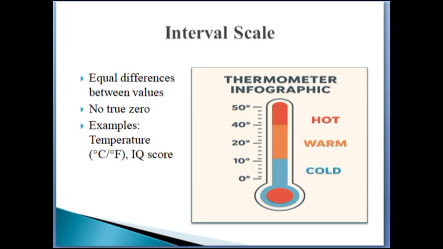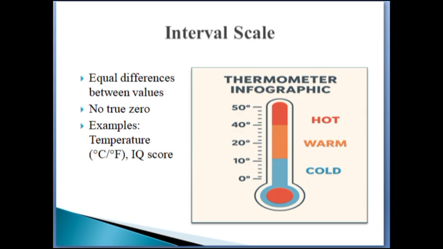Interval scale. Interval scales go a step further by providing equal spacing between values, so the difference between any two points is meaningful. For example, the difference between 20 degrees centigrade and 30 degrees centigrade is the same as 30 to 40 degrees centigrade.